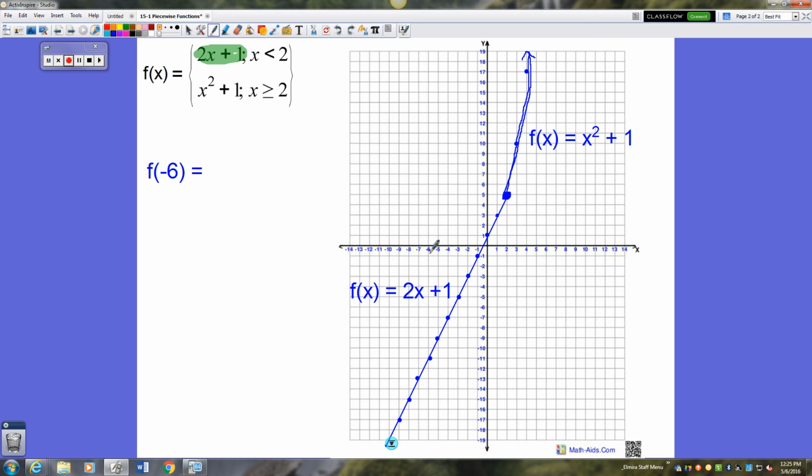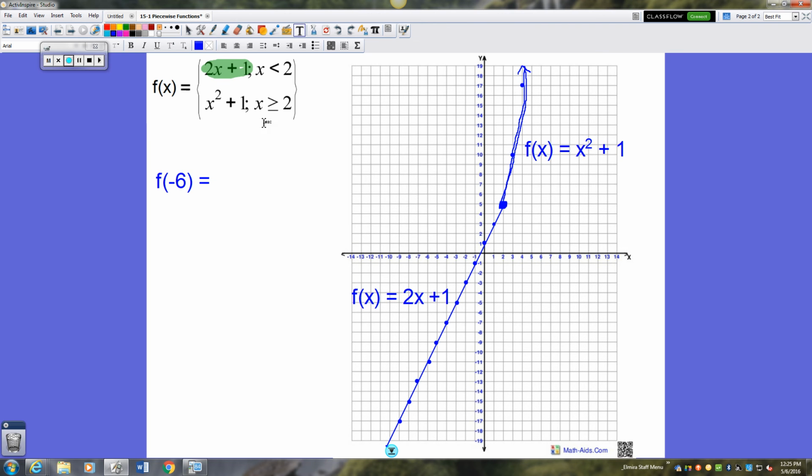If I go to negative 6 on the x-axis and I follow it down to the graph I touch, it's the linear one. So in this case, I'm going to sub in the negative 6 to the linear.